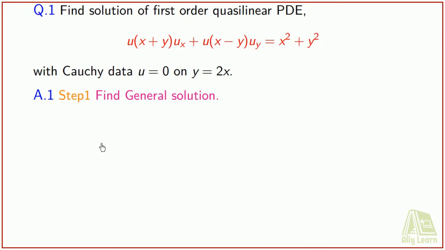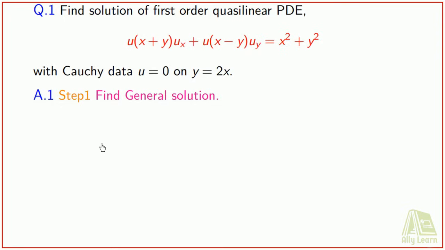We have found the general solution of this quasi-linear PDE using Lagrange's method in our previous lecture on Lagrange's method. So I will be moving on quickly with these steps, but these steps are explained in detail in our previous lecture. If required, you can view that lecture. Okay, so I'll be moving little quickly with these steps.